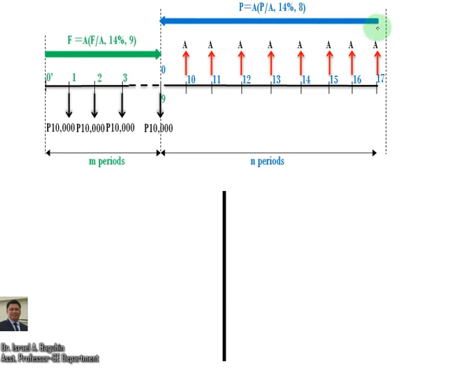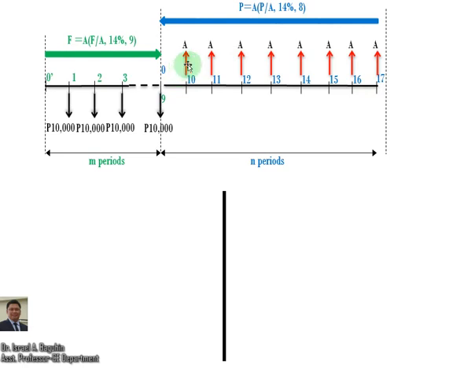So the best way to solve this problem to get this annual annuity A is simply considering both the M and N periods. So we are given this 10,000 deposits from the 0 until the ninth year, and we are also given this unknown annuity, starting on the 10th year up to the 17th year.